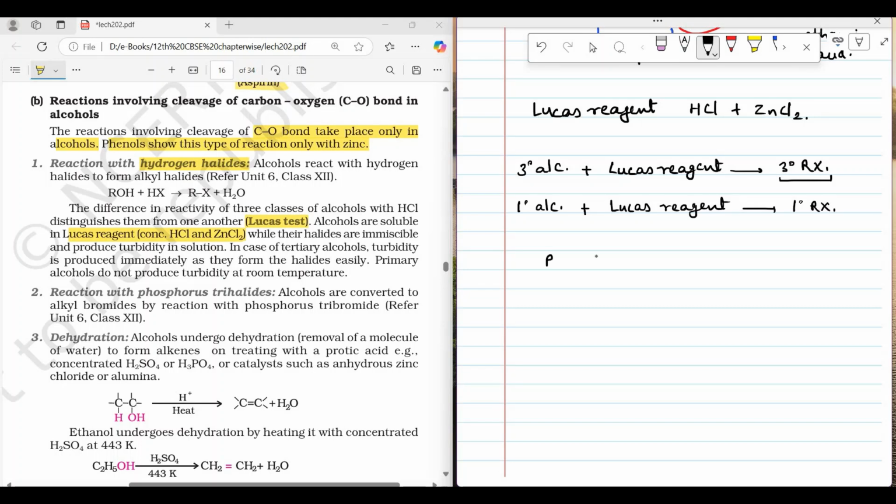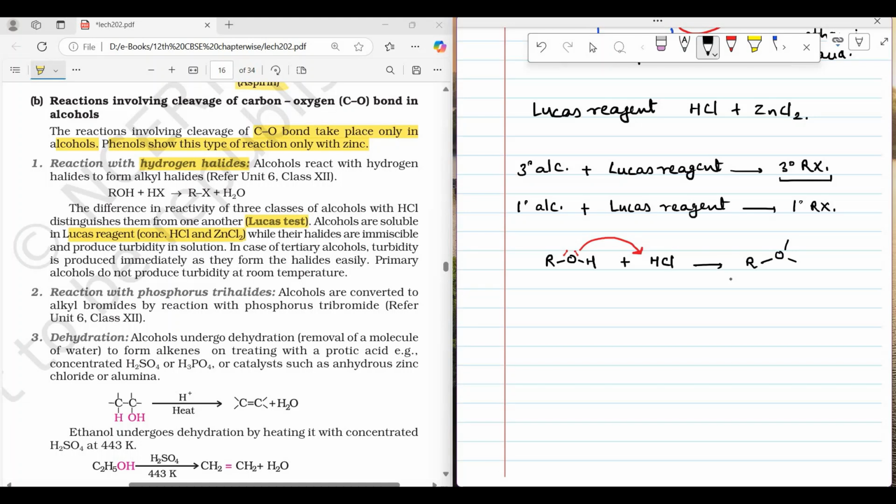So let's take an example, ROH. This is alcohol when it reacts with HCl. Oxygen has lone pairs of electrons, so one of the lone pairs abstracts H plus from the HCl and it results in the formation of protonated alcohol.